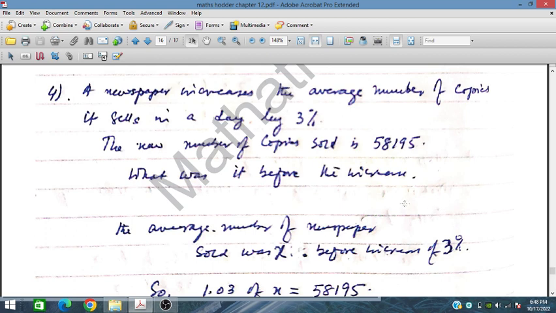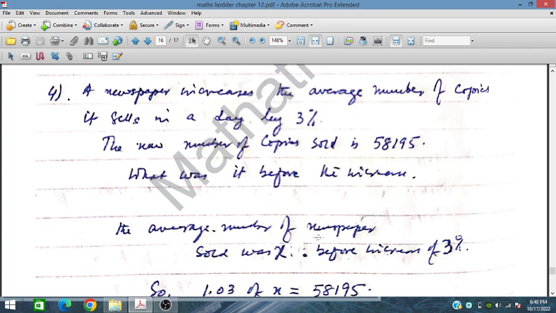A newspaper increases the average number of copies it sells in a day by 3%. The new number of copies sold is 58,195. What was it before the increase? So it was less than that.